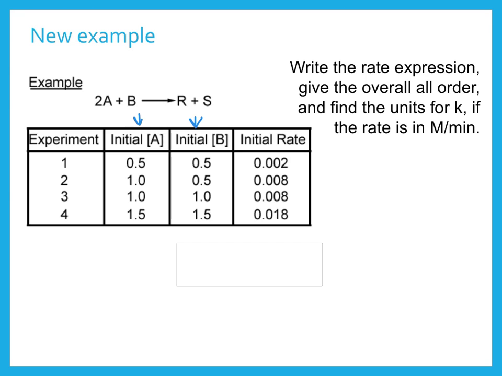constant. So if we want to figure out A, we're going to do that in blue. We will look when substance B is constant. Substance B is constant here in experiments 1 and 2.